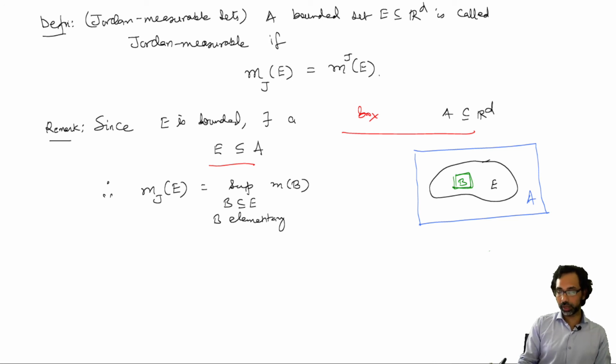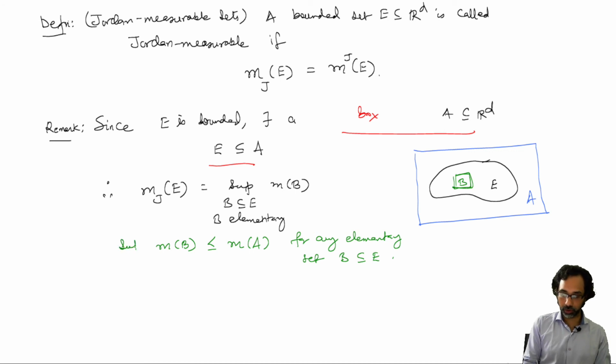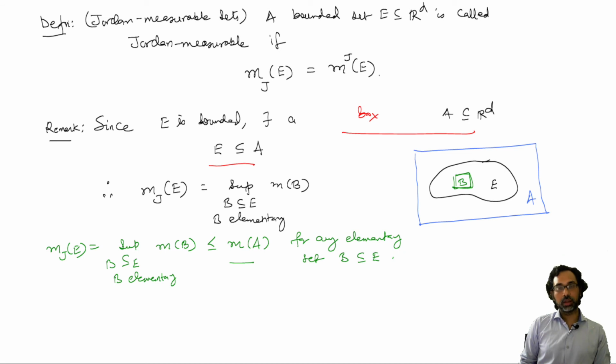Therefore, by the monotonicity property, we have m of B is less than or equal to m of A for any elementary set B sitting inside E. So therefore, if you take the supremum over all such B elementary, then this is still less than or equal to m of A, and this is nothing but the inner Jordan measure of E. Therefore, this implies that the inner Jordan measure is always finite.